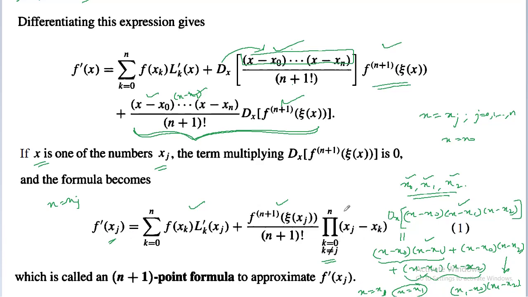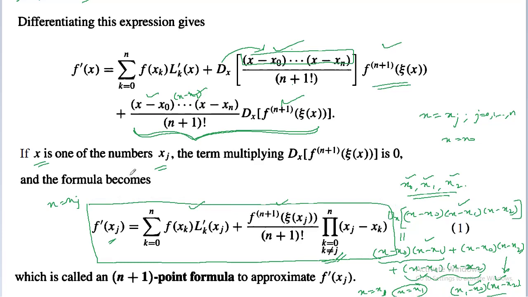When k equals 0, we have x1 minus x0, and when k equal to 1, we would have x1 minus x1, but it is k not equal to j, so we can ignore that, and then k equal to 2, we have x1 minus x2. So this is the remaining product. Okay, so we have f dash of xj equal to this, where xj is any one of these points x0, x1, x2, etc., xn.